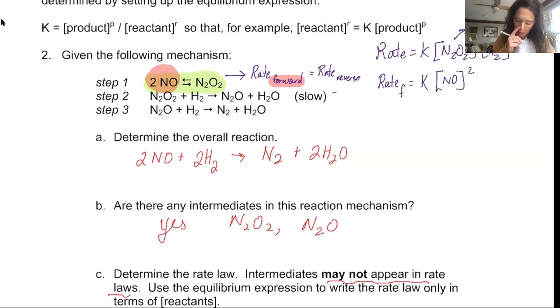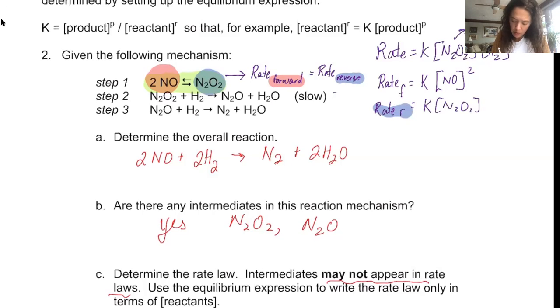And rate reverse means that if I'm going in the reverse direction, then this is my reactant. So it's K and my reactant is N2O2.